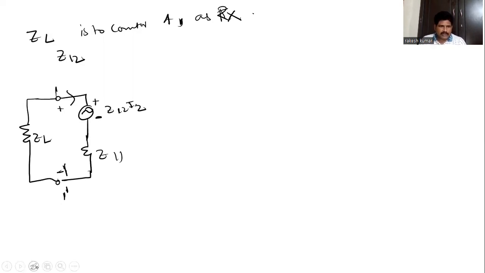Let us consider the current going through this is I1. So this is the loaded condition.